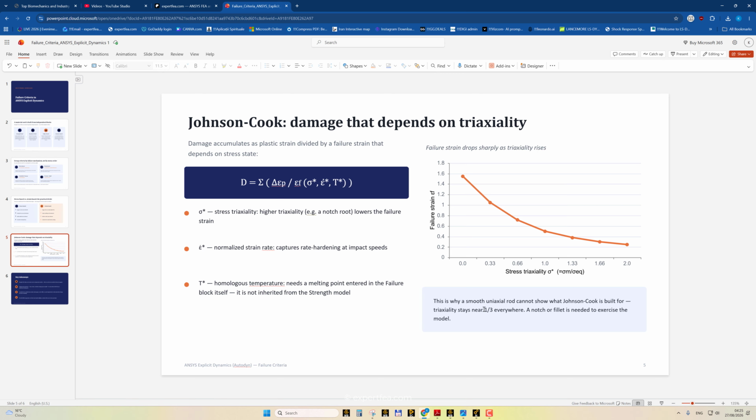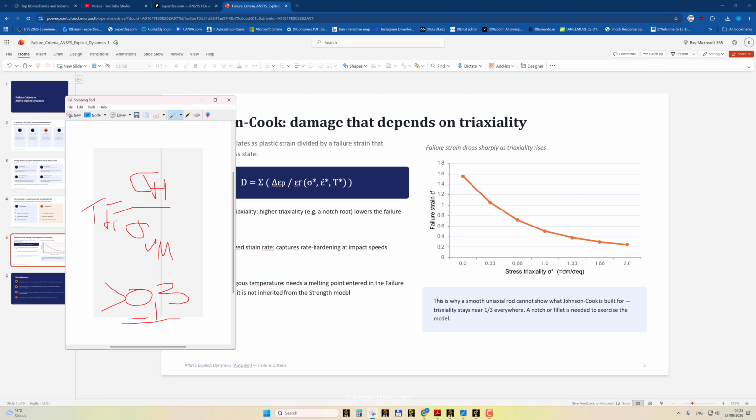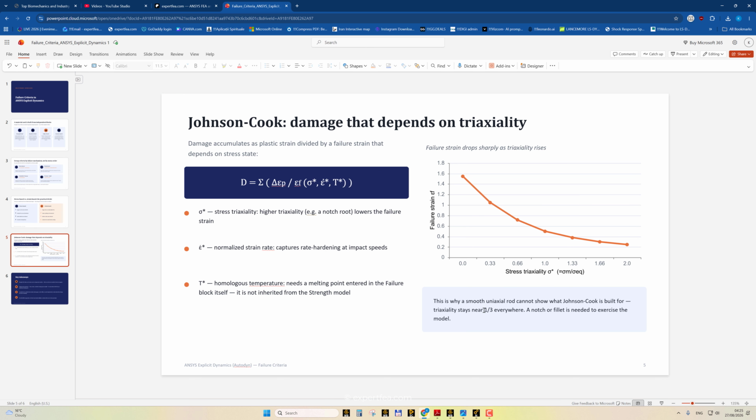If we have a uniaxial rod, if we have a value of less than 0.333, then we have stress in only one direction. This is why we need to have a value of more than 0.3 in order to have stress localized at the point of breaking, in more directions. 1/3 is the one loading direction, one stress.